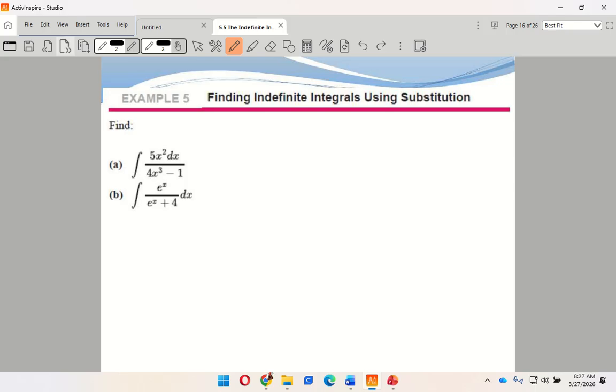So we're going to do this first one here, 5x squared over 4x cubed minus 1. And I'm moving my dx over here, just so you know that dx is a multiplier. They had this in the homework, the same type of thing. You just have to move the things inside it.